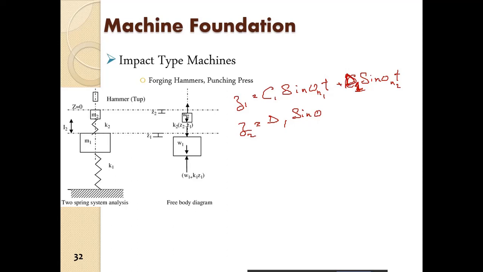Okay, so this is what we have written. So this will be c2 sine of omega n1 t plus d2 sine of omega n2 t. If you place the initial condition here, at t equal to 0, obviously z1 is equal to z2 is equal to 0.